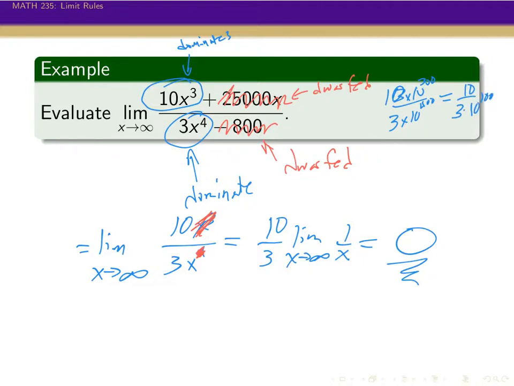So it's 10 divided by 3 googol, which is going to be teeny tiny. Very, very close to 0.